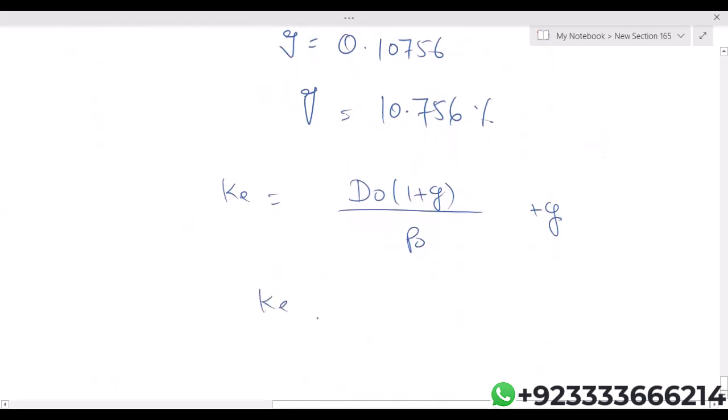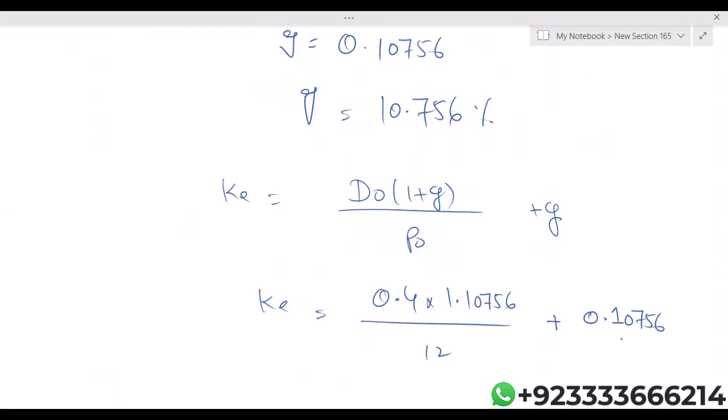Okay. KE is equal to current dividend into 1.10756 divided by 12 plus 0.10756. Now let us use the calculator. Let's see what percentage we are getting. 0.4 multiplied by 1.10756 divided by 12 plus 0.10756.